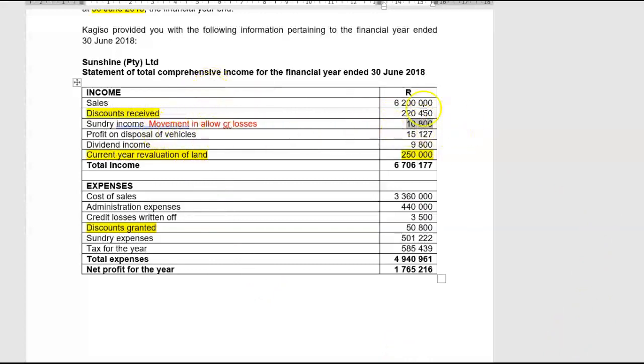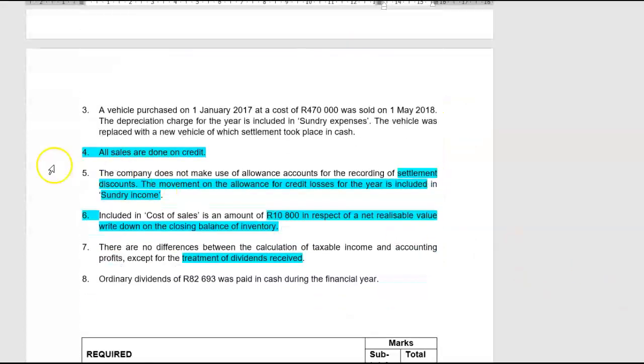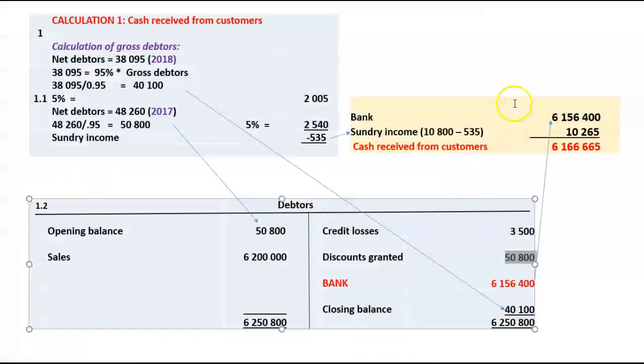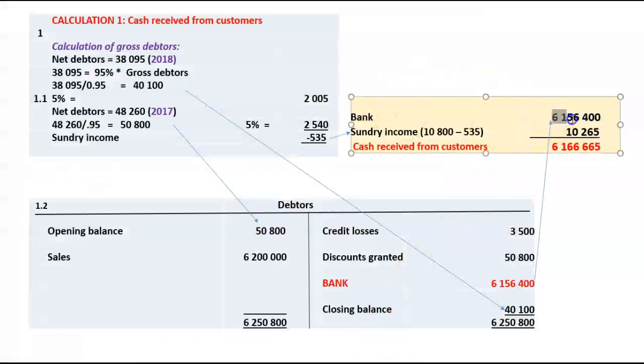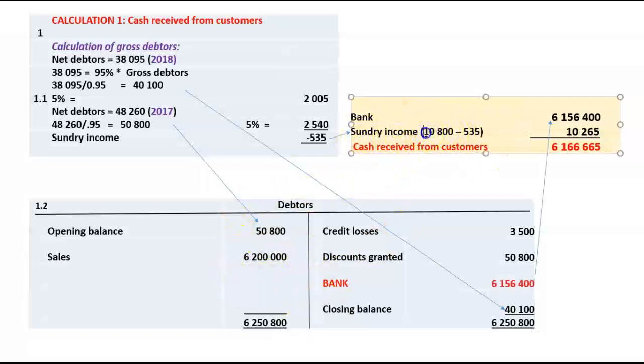But remember, included in sundry income, they've told me, is the movement. The movement on the allowance for credit losses for the year is included in sundry income. So I'm going to have my receipts from debtors, which is 6,156,400. And then I'm going to add to that my other revenue, which is not included in the 6.2 million which I've accounted for, which is the 10,800.